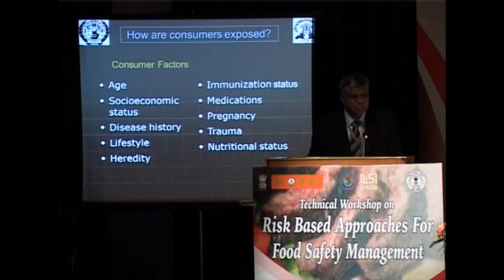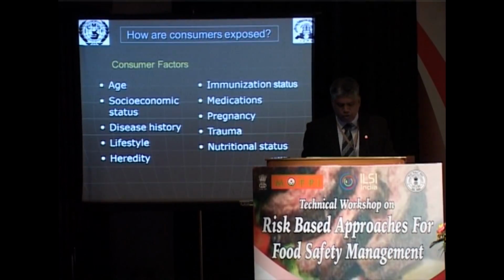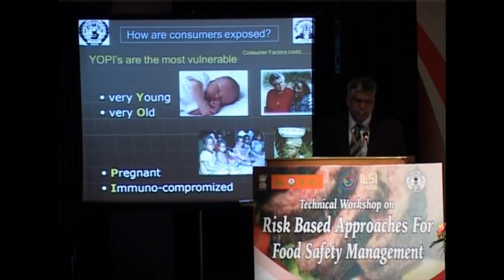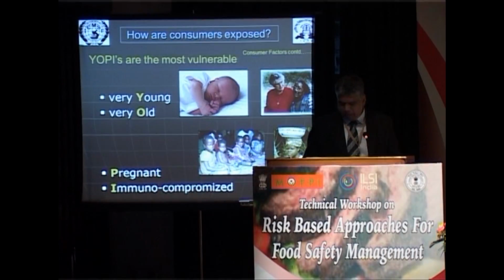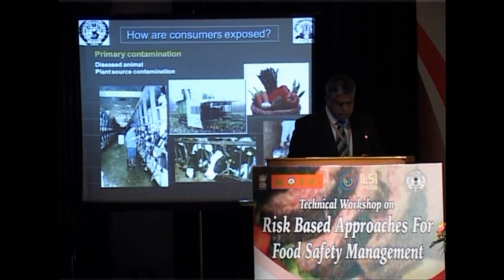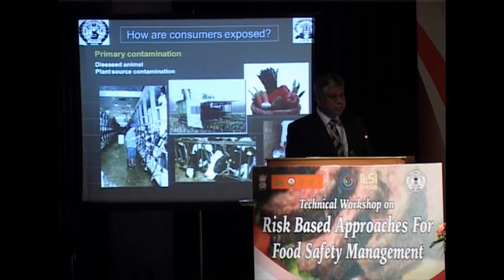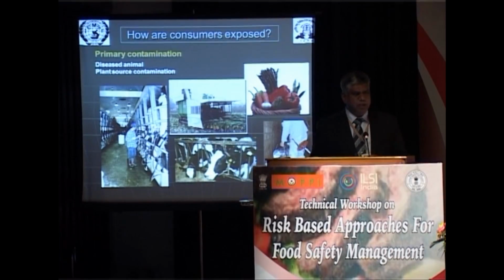Then there are consumer factors like age, socioeconomic status, disease history, pregnancy, and nutritional status. These affect the exposure and risk to consumers, and as we know, the very young, the very old, pregnant, and immunocompromised people are more susceptible to infection. For contamination of foods, there are two major sources: one is primary contamination and another is secondary contamination.